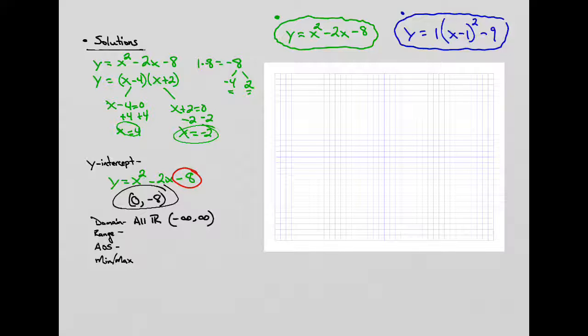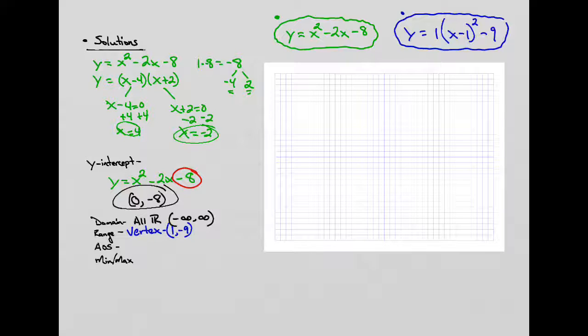My range is going to be based off of my vertex. My vertex, again, I already know. When I'm in my vertex form, the h value, that's this part, and the k value are going to be the vertex. My vertex is at 1 over and 9 down.